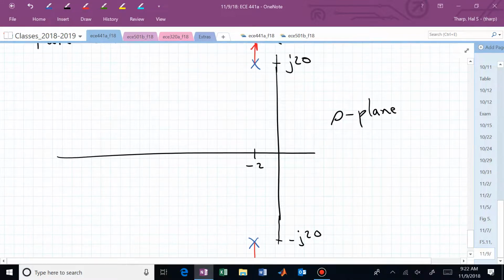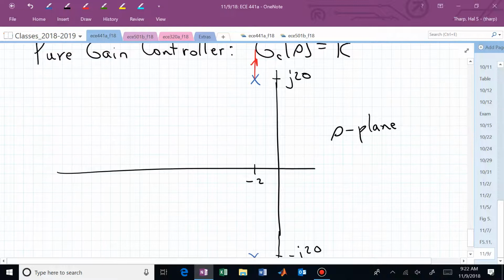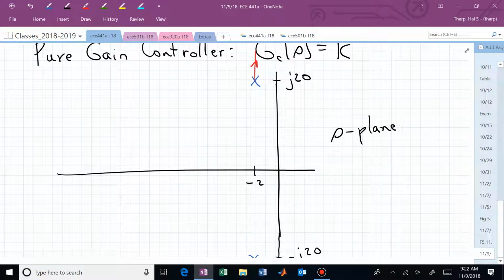If I put this into a closed loop configuration with just a pure gain controller, am I going to enhance my settling time? Or improve it? We've got to have a cheer. I forgot which one it is, but what's the closed loop control transfer function for this system?